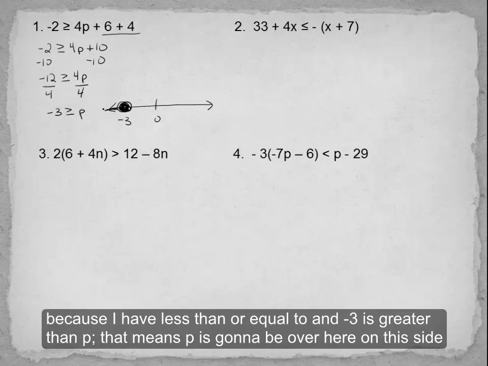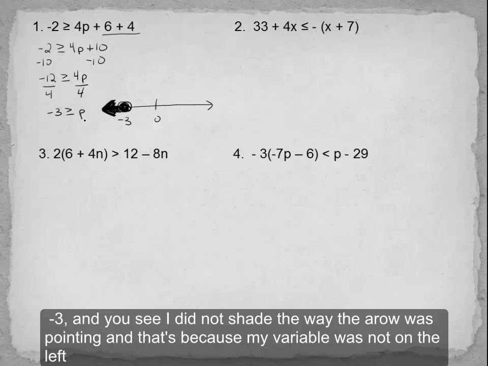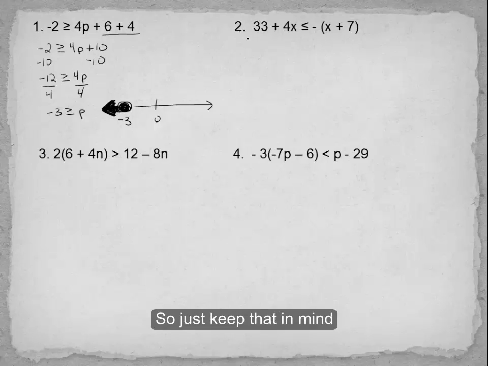That means p is going to be over here on this side with all the numbers that are smaller than -3. And you see I did not shade the way the arrow was pointing, and that's because my variable was not on the left. So just keep that in mind.